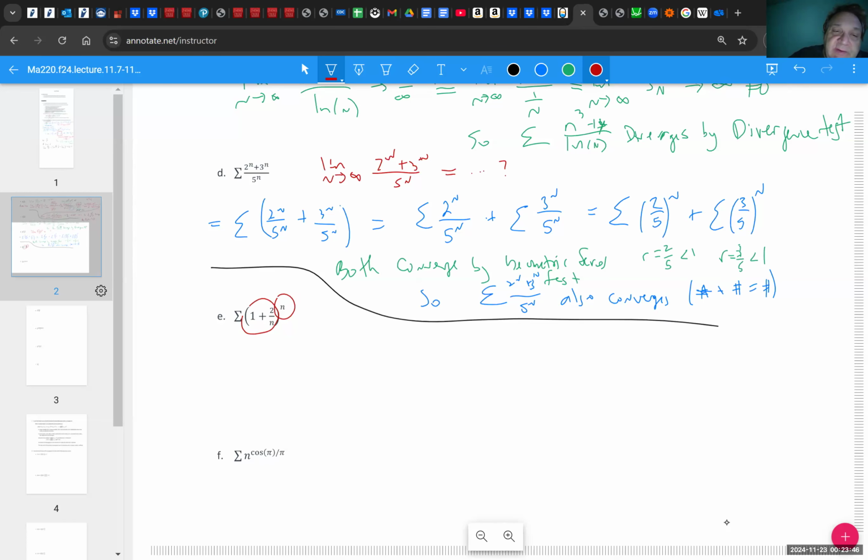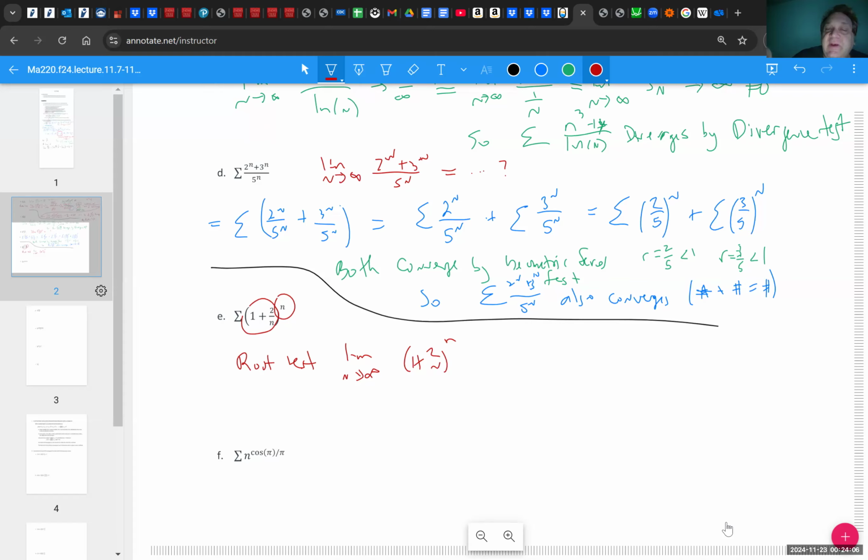So we use a root test. So what does the root test say? Well, again, you're taking a limit instead of doing the actual series. And you're doing our original series here, 1 plus 2 over n to the nth.